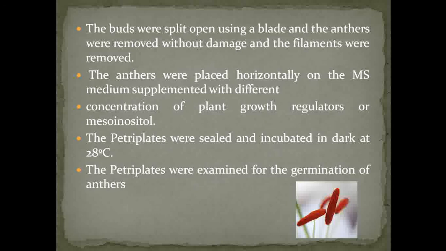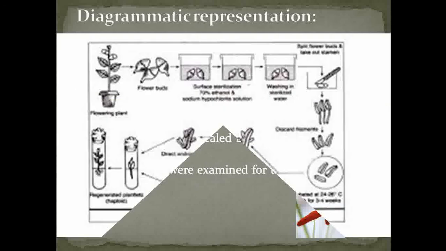And firstly you have to incubate them in the dark at 28 degrees Celsius. Then you have to check them for germination of the anthers. Whenever germination takes place, you can transfer the anthers for subculturing, in which you use the same media, but you can increase or decrease the amount of growth regulators depending upon your requirement.